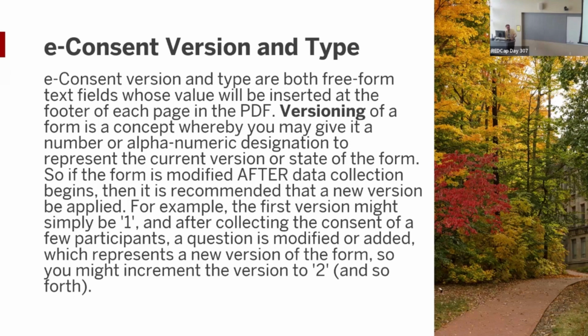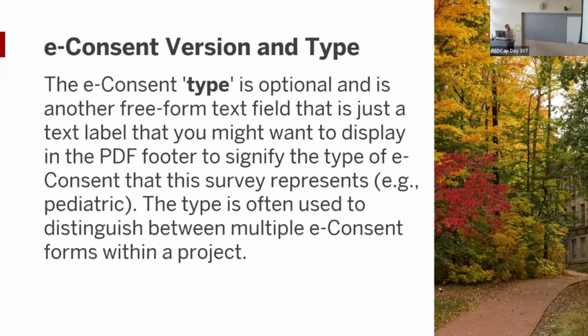And once you save those changes in the survey settings, now anyone who submits a consent from that point forward, it's then going to display on their form as version 2 or version 3, etc. So you'll be able to keep updating that. And that will be reflected as with this optional type field. Those will again be reflected on the footer of the PDF that gets saved of their consent.